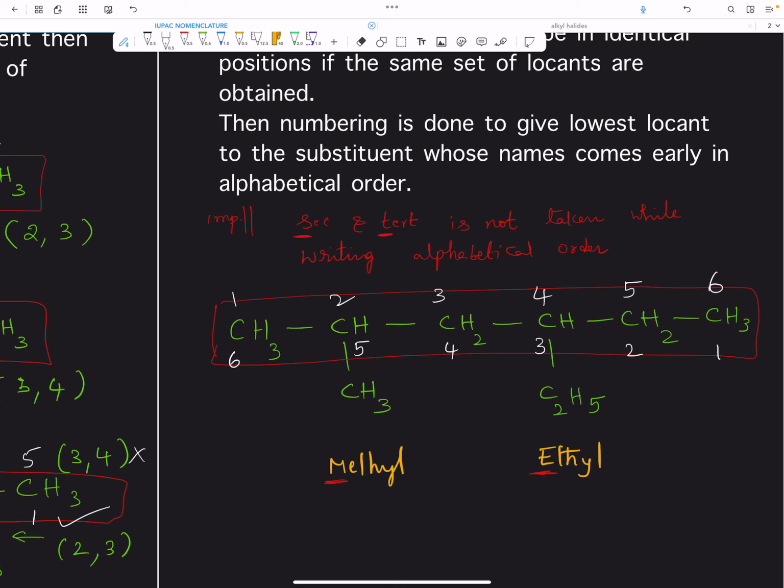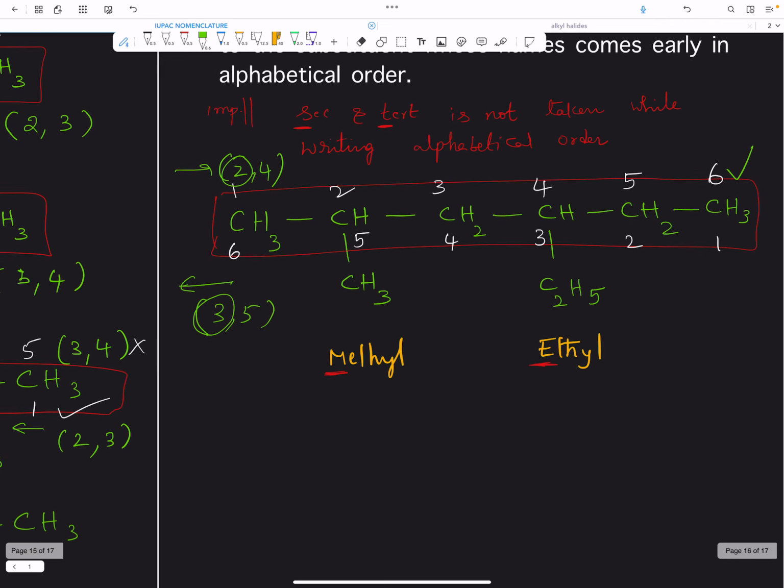Now write the set of locants in this direction. The set of locants is 2, 4. In this direction the set of locants is 3, 5. As 2 is smaller than 3, this direction of numbering is correct.